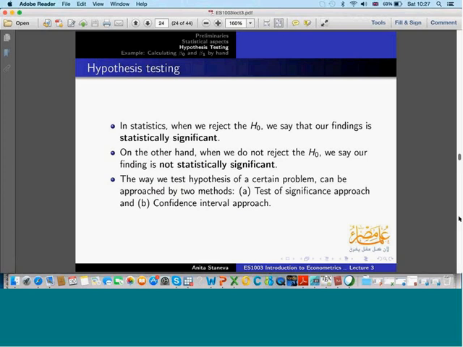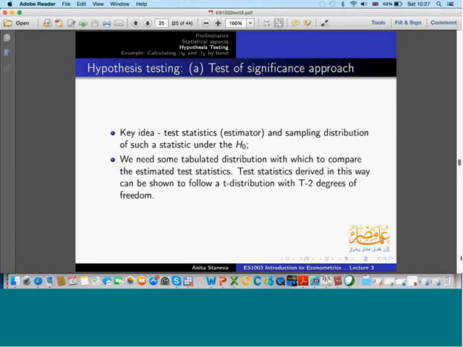The way we test hypotheses for certain problems can be approached by two methods, the test of significance approach and the confidence interval approach. I already somewhat introduced the confidence interval approach, but the key idea of the test of significance approach is that we look at the estimator and the sampling distribution of this statistic under the null hypothesis.